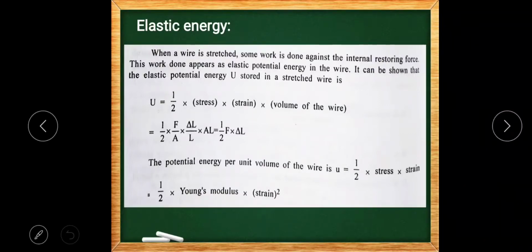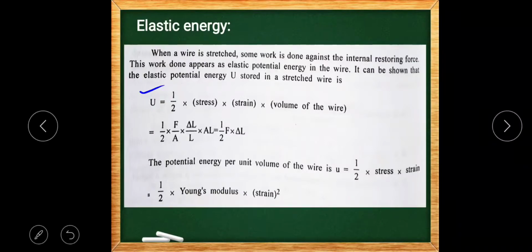It can be shown that the elastic potential energy stored in a stretched wire, denoted by capital U, is equal to 1 by 2 into stress into strain into volume of the wire.